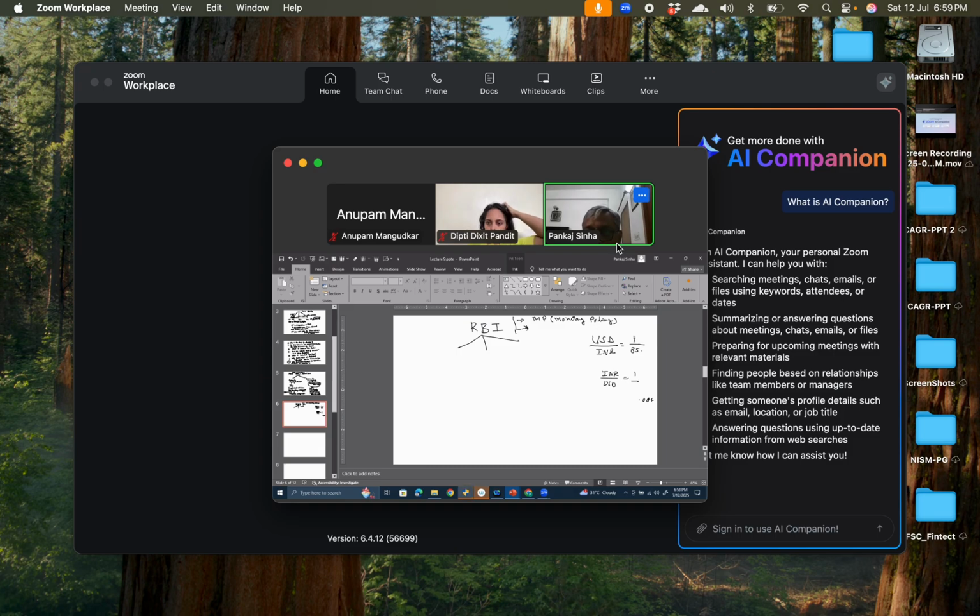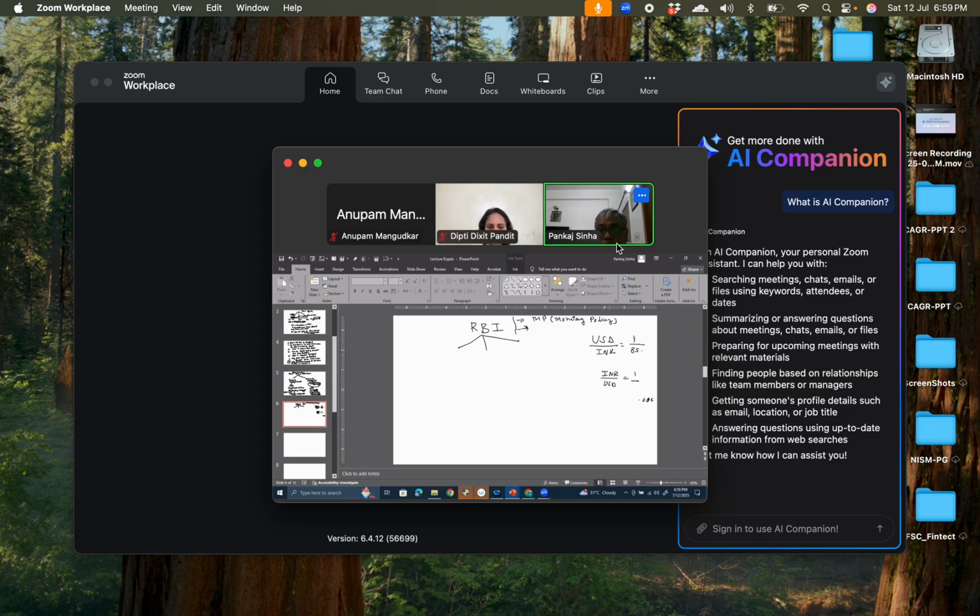Whenever you are reading any currency, the currency in the numerator is taken as 1, and for that 1, we see how many units of the denominator currency are required. In this way we read the exchange rate.